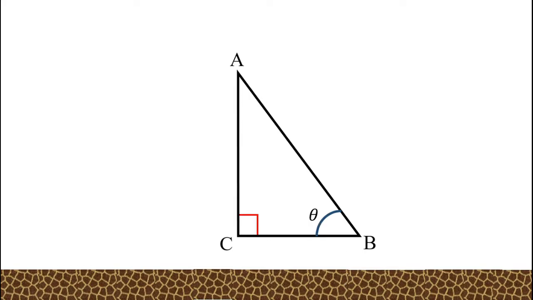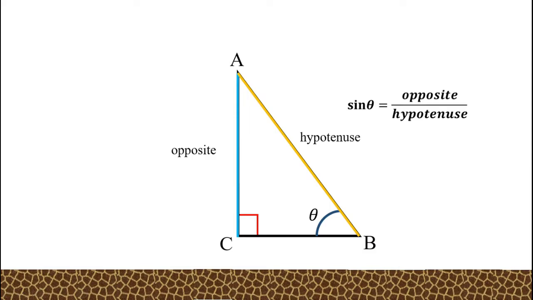The side opposite to it is your opposite side, and the side opposite to your right angle is your hypotenuse. So the sine of this angle is equal to the length of the opposite side over the length of your hypotenuse.